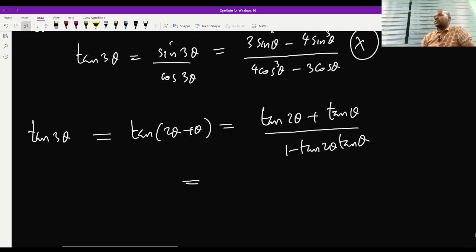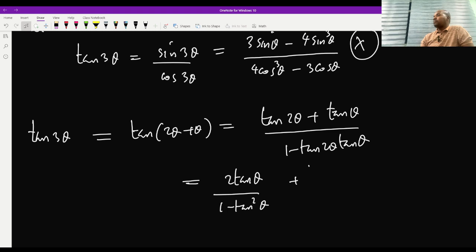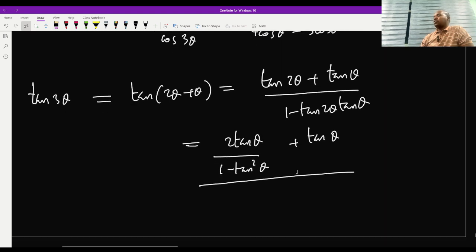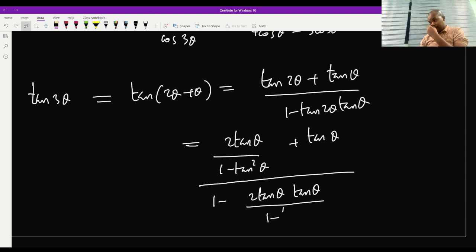To proceed with this, tan 2 theta is 2 tan theta over 1 minus tan square theta, plus tan theta again, over the overall denominator, which is 1 minus 2 tan theta multiplied by tan theta again divided by 1 minus tan squared theta.